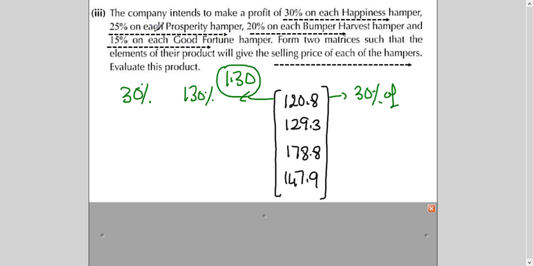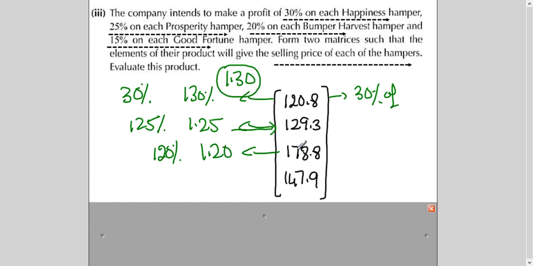Similarly, if you want 25% profit on this, then 100 plus 25 is 125, because 100% is always the actual price. So 1.25 multiplied by this will give you the new selling price. In this case, 20%, because this is the price of one bumper harvest, so 100 plus 20 is 120%, which is 1.20 multiplied by this.